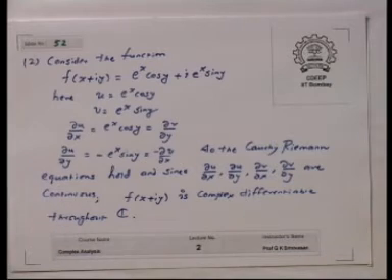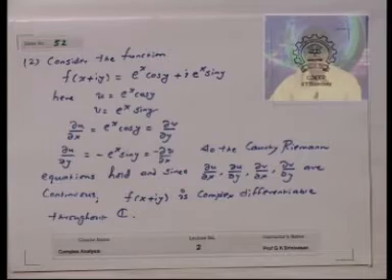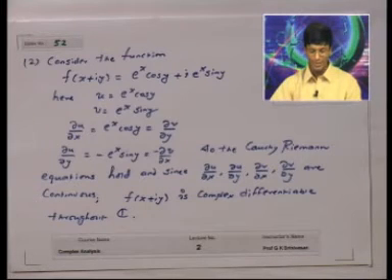Alright. So, let us look at this particular function e to the power x cos y plus i e to the power x sin y. What is your u? Your u is e to the power x cos y and your v is e to the power x sin y. What is del u by del x? e to the power x cos y is the same as del v by del y. Del u by del y is minus e to the power x sin y, the same as minus del v by del x.